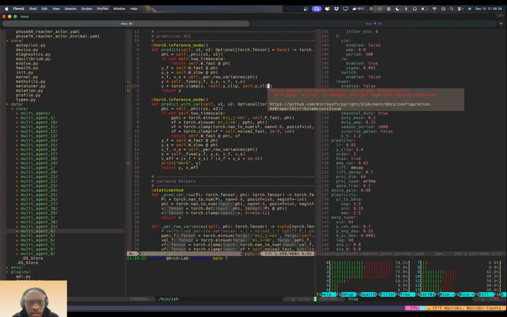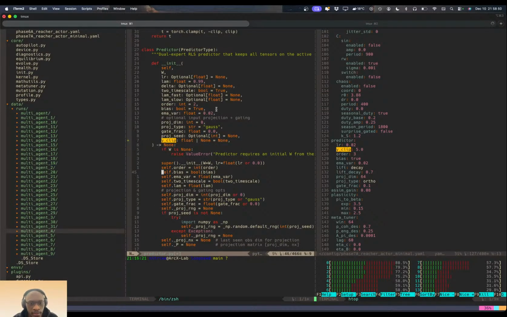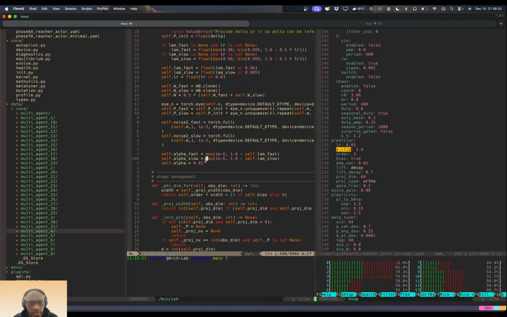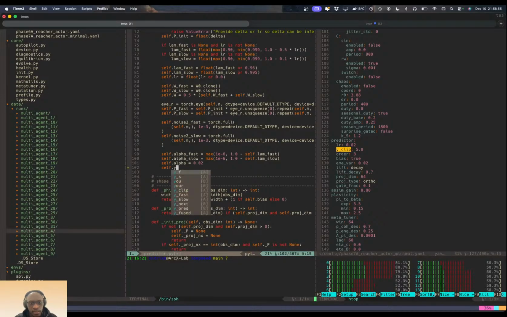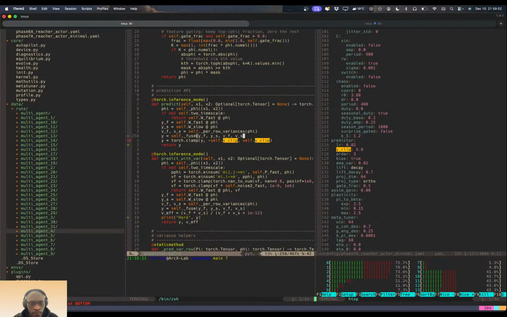And wait a minute. Why is this complaining? Self dot cannot access attribute. Oh wait, are you saying I don't have y clip? Oh, I see. I need to have it somewhere here. Self.y_clip. Okay, can you access it?